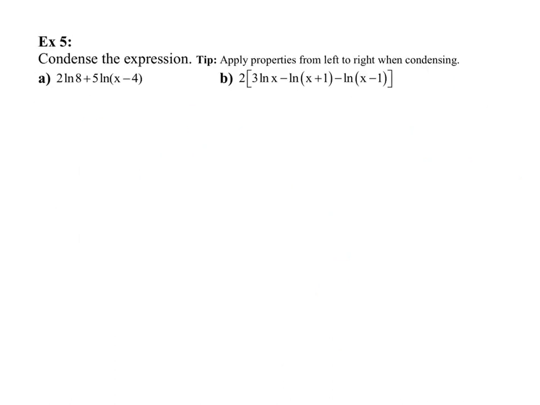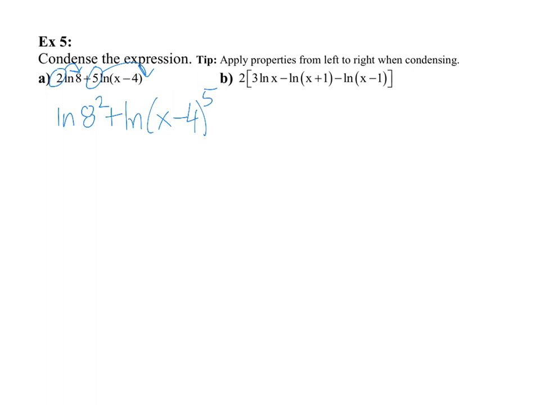All right, so before I expanded, now I must condense. Okay, let's see, what can we do? I have the 2 in front here. I could rewrite that as the exponent. Same here. All right, so then I have ln of 8 squared plus ln of x minus 4 to the 5th. Then what?